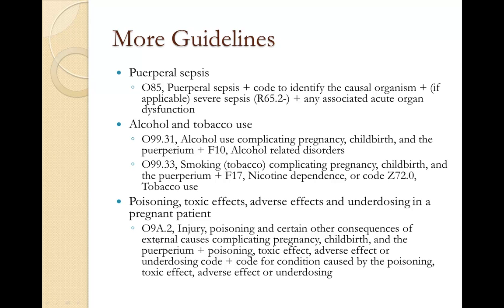Here we end up with our obstetric code first, the O9A.2, so that indicates it's happening in a pregnant patient. Then we get our poisoning or adverse effect or underdosing code. We would also have any sort of manifestations, which would fall under the condition caused by the poisoning, toxic effect, or adverse effect.